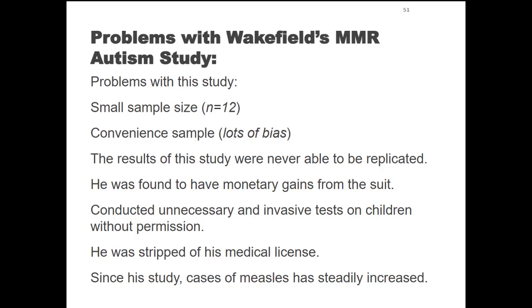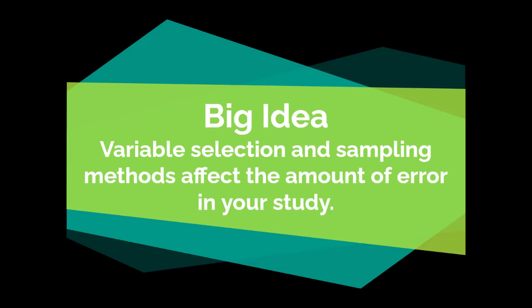If the children were able to get the measles vaccine, or if they continued to give the MMR vaccine, which is a cocktail of all three vaccines, then the instances of measles would have declined enormously. So what's the big idea? Variable selection and sampling methods affect the amount of error in your study.